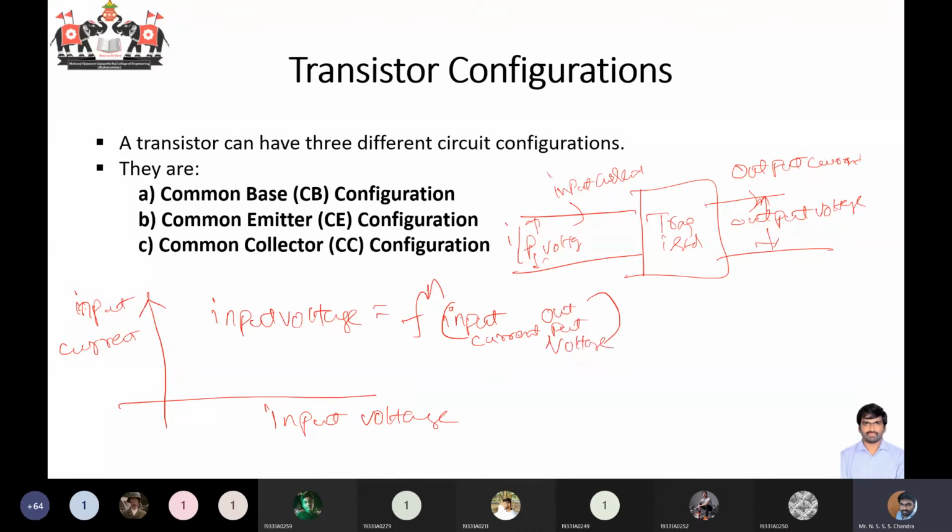So the input voltage is not an independent parameter. It depends upon two different parameters, which are your input current and output voltage.